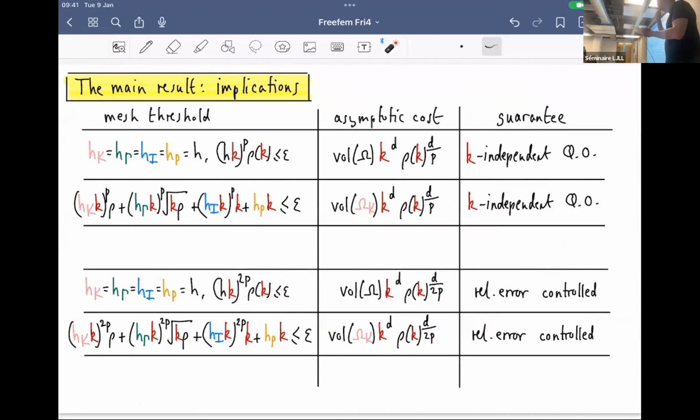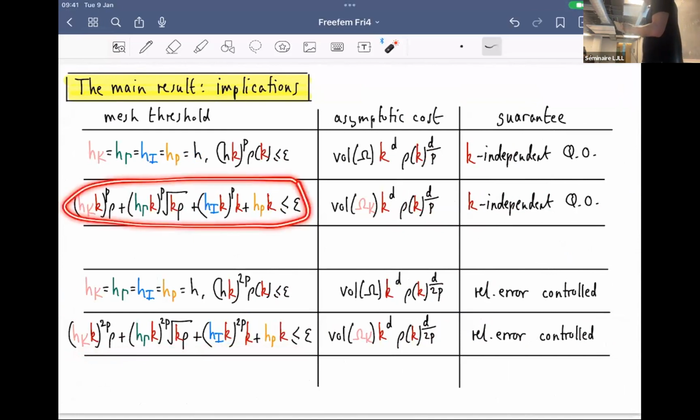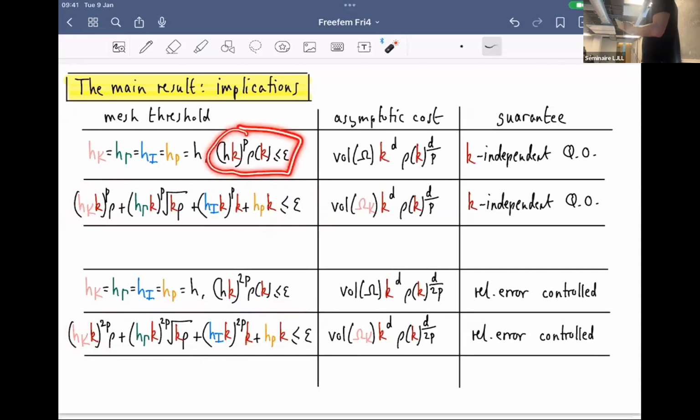a bit later. And here I've then filled in the fourth row of this table, which is the exact analog. I've taken this threshold up here for K-independent quasi-optimality, replaced all the P's with 2P's, and I've got now some condition for the relative error being controlled. Because again, that's what we had with a uniform mesh. I take the condition for a uniform mesh, I replace the P's with 2P, and I get the condition for the relative error.